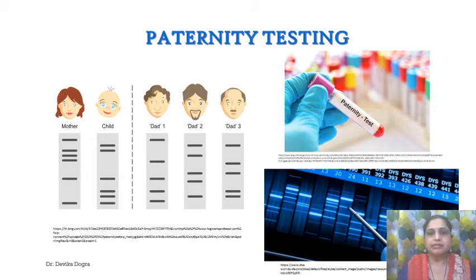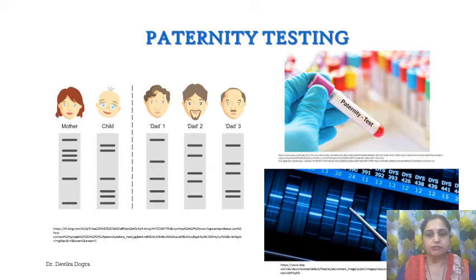Here, we will discuss about paternity testing. As you all know, DNA, that is deoxyribonucleic acid, is the genetic material which we inherit from our mother and father. Paternity refers to fatherhood. So, the DNA paternity test uses DNA, usually taken from a cheek swab or blood, to determine whether a man is the child's biological father or not.